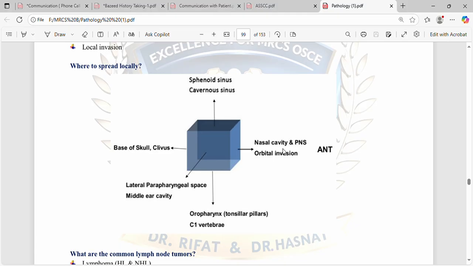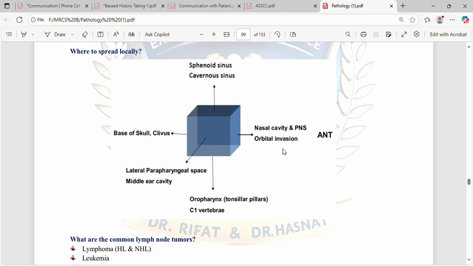Posteriorly it can invade the base of the skull, clivus, and anteriorly it can invade the nasal cavity and paranasal sinuses, orbital invasion, and laterally we have the parapharyngeal space and middle ear cavity through the eustachian tube. It can communicate. Oropharynx, tonsillar pillars, and C1 vertebra downward.